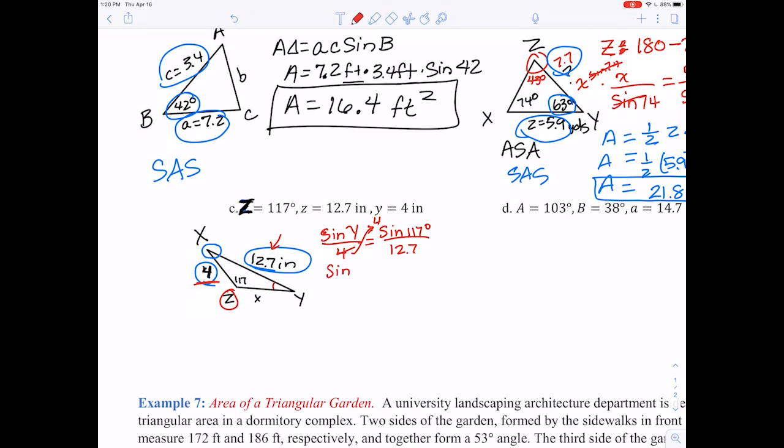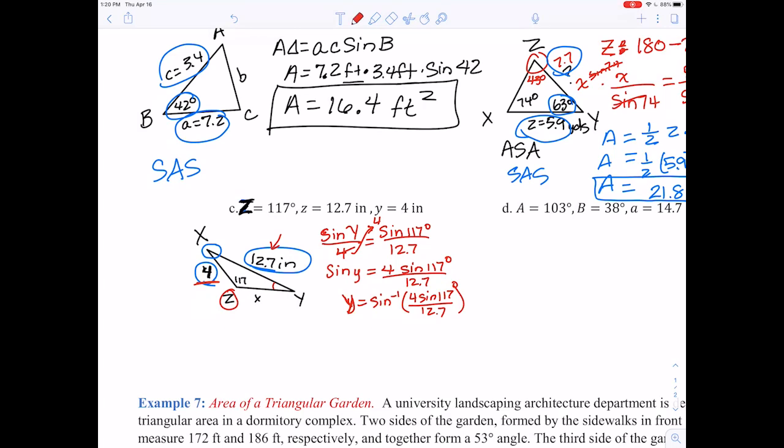So we get sine of Y equals 4 sine 117 divided by 12.7, and then we're going to have to take the inverse to find the angle Y here. This is a big Y, so we'll do sine inverse of this value here. And if we get a domain error, then this doesn't make a triangle, but in this case today it does make a triangle.